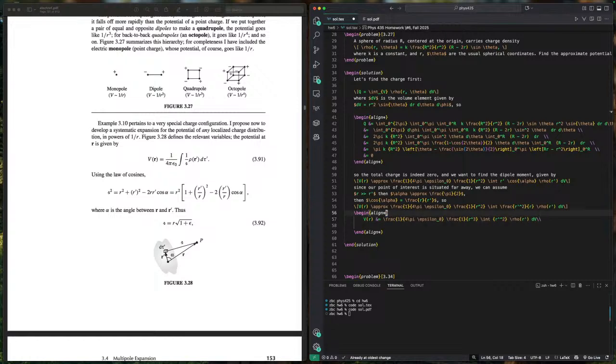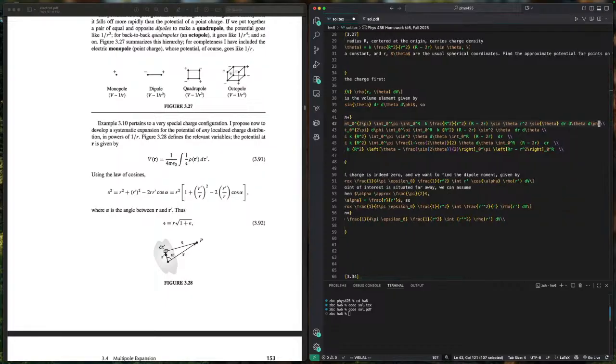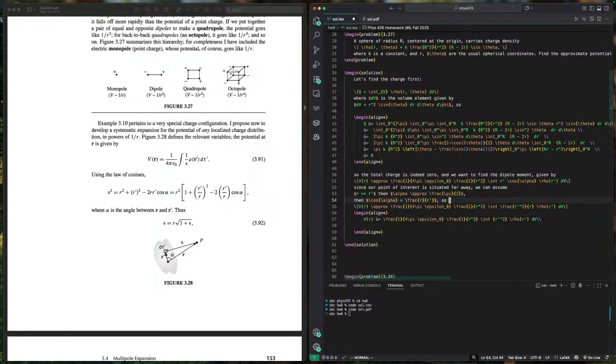And then, so this is just for integrating rho, which is going to be almost identical to this part, except you have a quadratic term already for your distance.